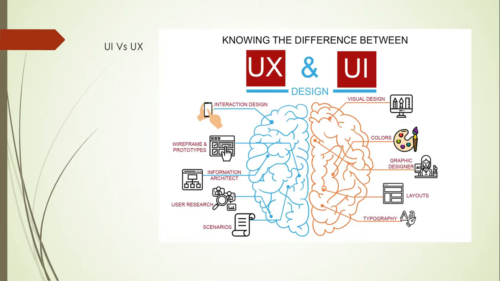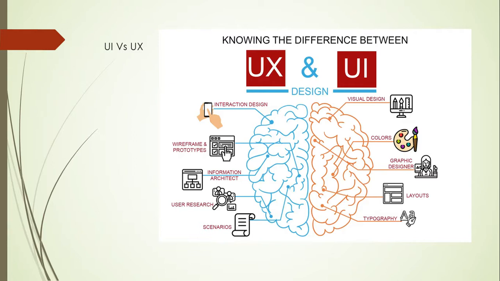In UI, visually we can see the design. That is a visual design. Here, in UX, that is an interaction design, meaning I can touch the mobile and feel it, so it will be good. This is the difference.